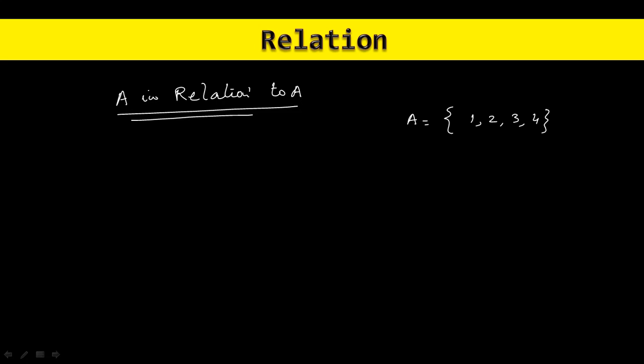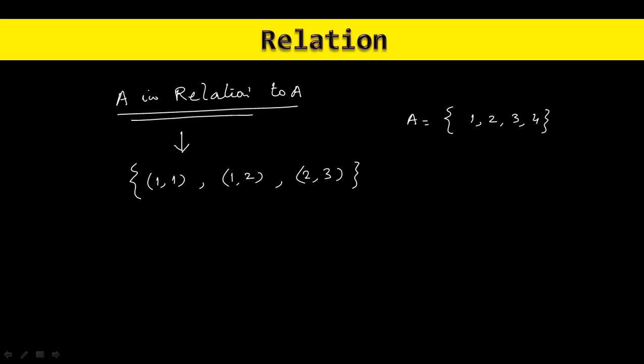If I am writing A in relation to A, I can write 1, 1, then I can write 1, 2, I can write 2, 3, like this.